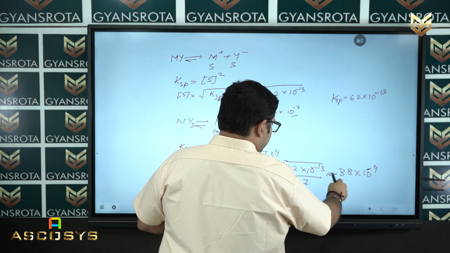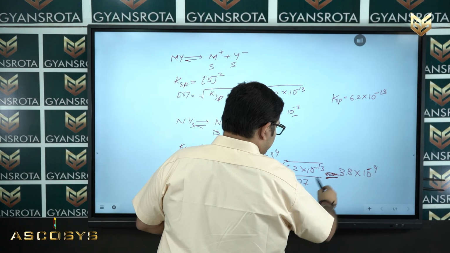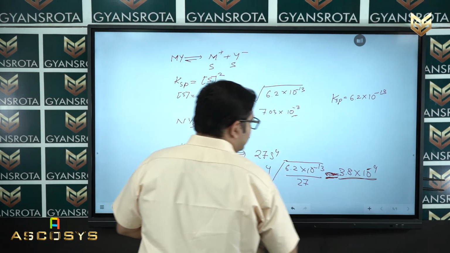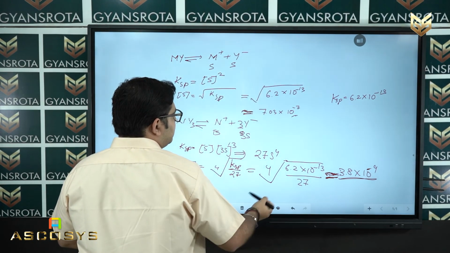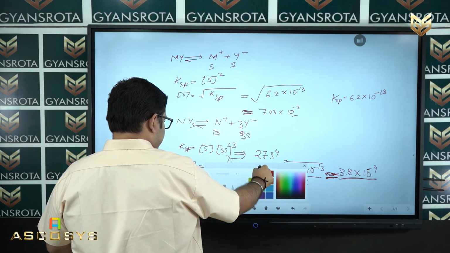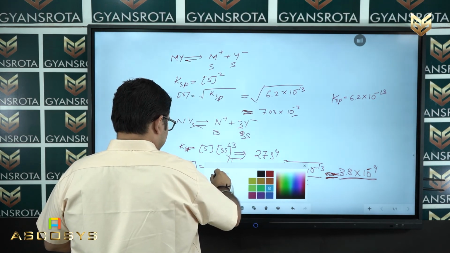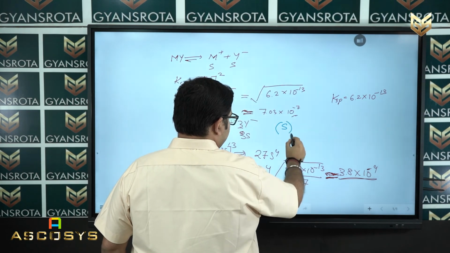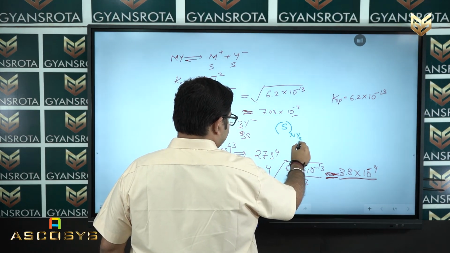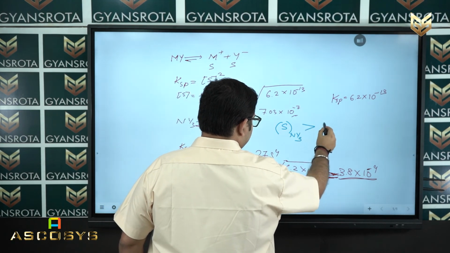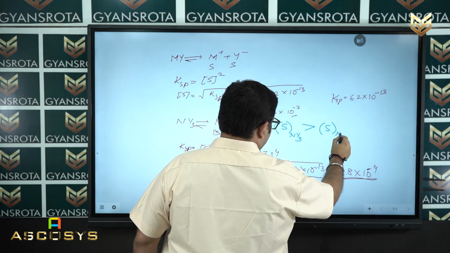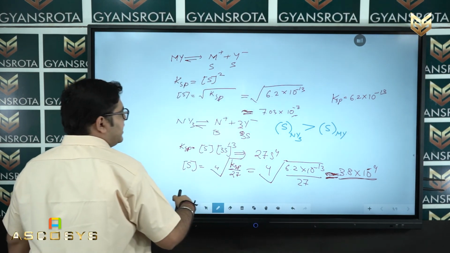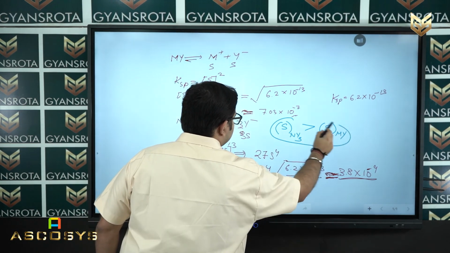But please do it at home by using calculators, do not forget this. So, approximately it is coming as 3.8 × 10^-4. Now, I am changing the color here. So, the concentration S of NY3 will be greater than the S concentration of MY. Now we see what options they have given, so please keep this in mind.